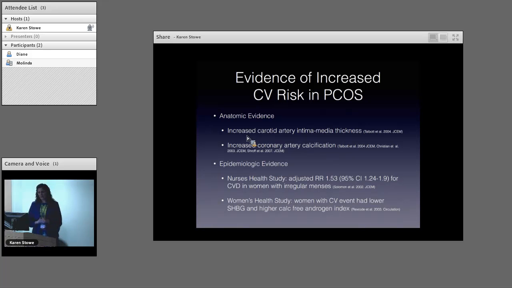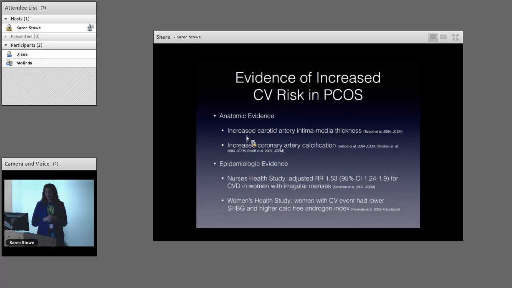And when screening for type 2 diabetes, it's recommended that a 2-hour glucose tolerance test be performed because the A1C is poorly sensitive at detecting impaired glucose tolerance, and it's that impaired glucose tolerance that seems to be associated with an increased risk of cardiovascular disease in women.